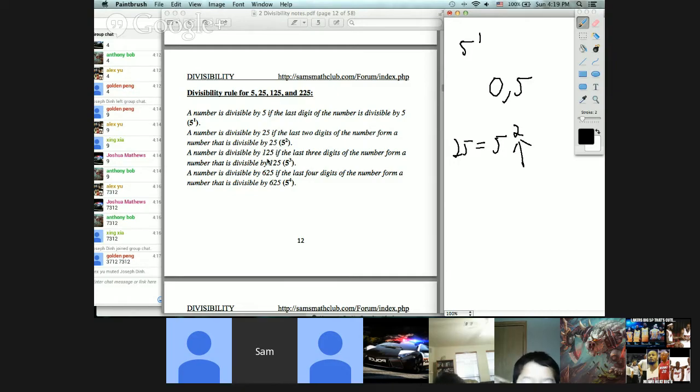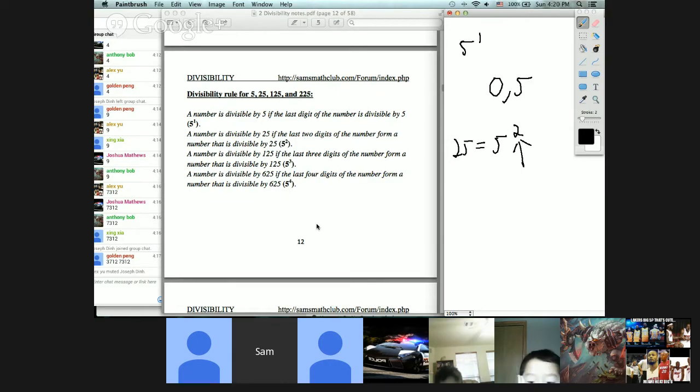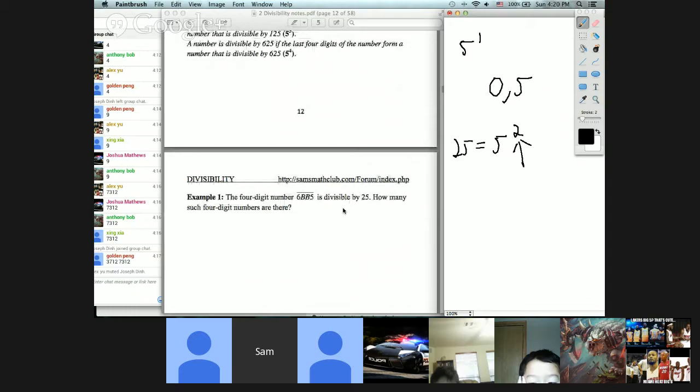A number is divisible by 125 if the last 3 digits form a number that's divisible by 125, 5 to the power 3. And you don't really use this one, but it's still good to know. Basically, this is 5 to the power 4, so you use the last 4 digits divisible by 625. Okay. So these are relatively easy to memorize.